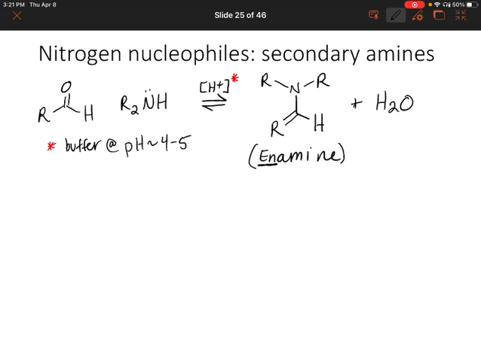So let's look at the reaction mechanism for our secondary amine. So similar to the last mechanism, our lone pair on nitrogen comes in and attacks the carbonyl carbon, and then we move our electrons up to oxygen.